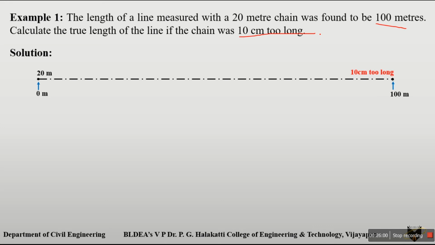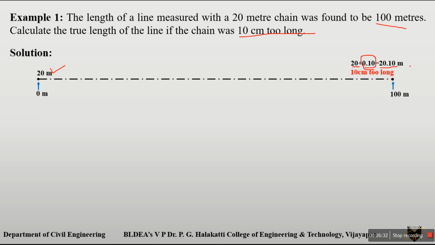Too long means the chain is longer than its actual length, that is 20 meter. So the 100 meter length is measured with a chain length of 20 plus the error, 0.10 meter, that is 20.10 meters.